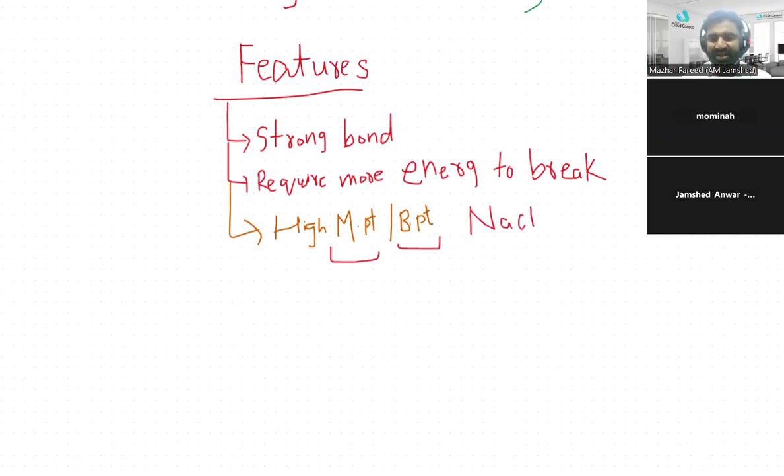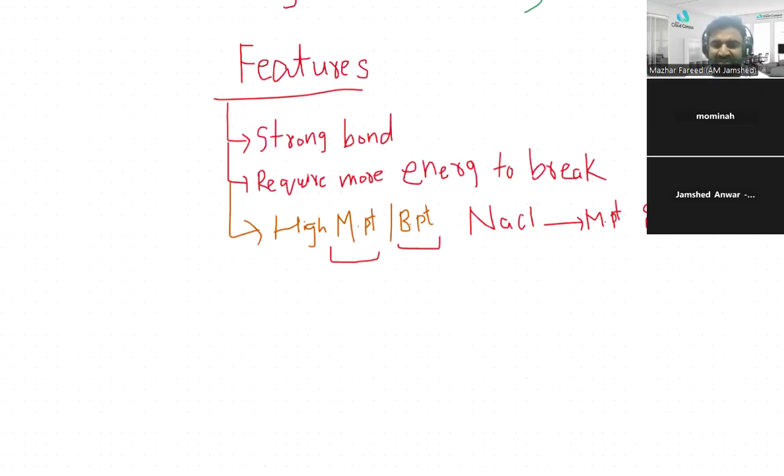Its melting point is 800 degrees centigrade. Actually it is 801 degrees centigrade. It means at this temperature NaCl melts. So its melting point is 801 degrees centigrade.